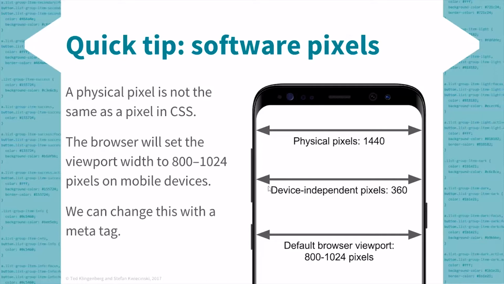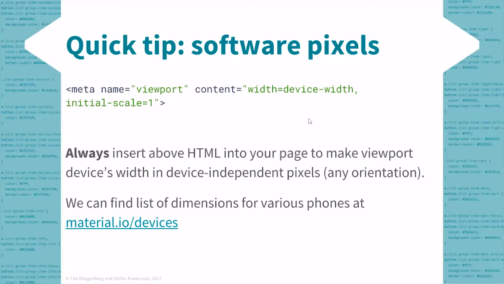Then the initial scale is going to be set to 1. Setting this initial scale makes sure that whenever we rotate the device, whether it's in portrait or landscape orientation, it's still going to take the device width or the device height, and that's going to set the viewport.